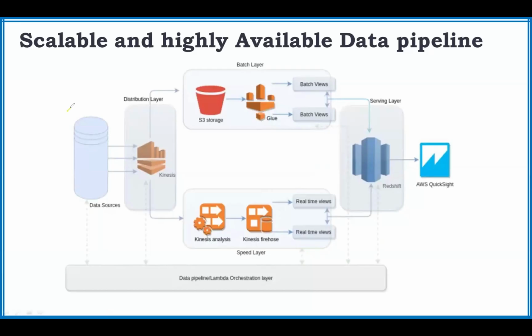You can have multiple types of data sources, right? Then you can ingest the data. For ingestion, there is a service in AWS called Kinesis. Kinesis can do batch processing and streaming processing; any kind of data you can ingest from different resources, right?